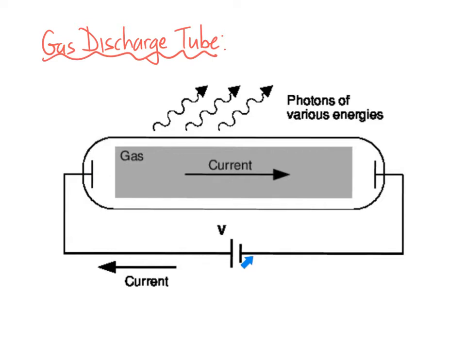And then the negative side of the power supply would be connected to this electrode, and this electrode would be negative. And so this would be the cathode. And here they represent the current as a conventional current. This is the flow of positive charge from the positive to the negative. And in doing that, it's going to excite the gas that is in here.